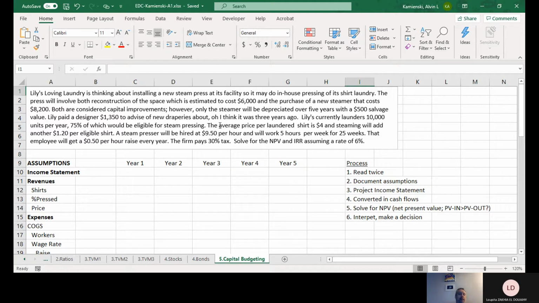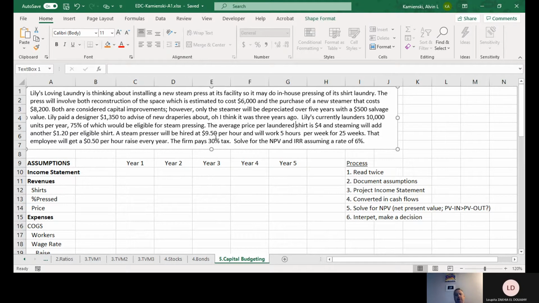Right now, if you go there and you just get your shirt laundered, it's $4 to have that shirt laundered. But if you get it pressed, you will pay another $1.20 for those shirts. So $5.20 would be the total price for someone who wants a shirt laundered and pressed.